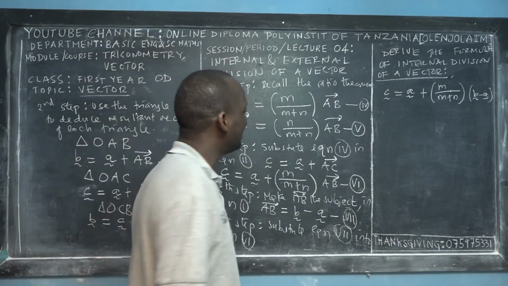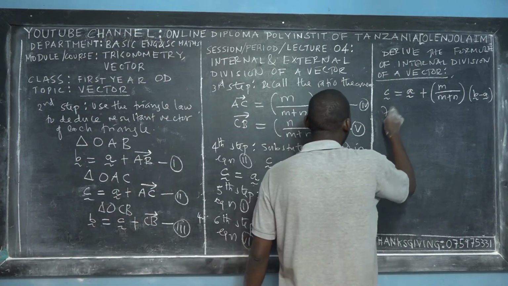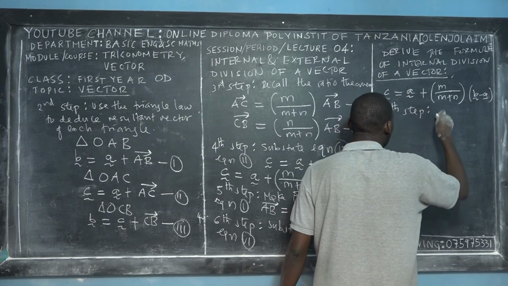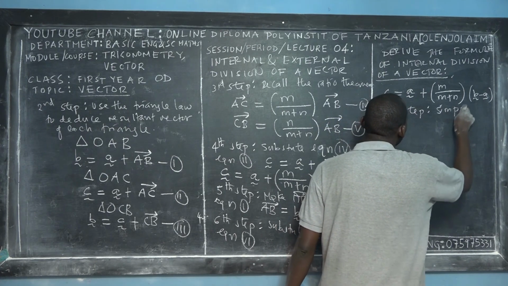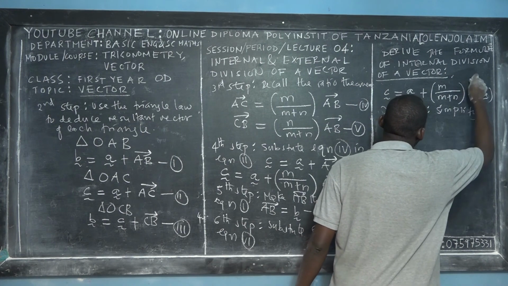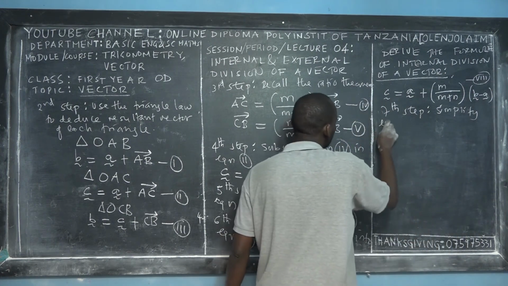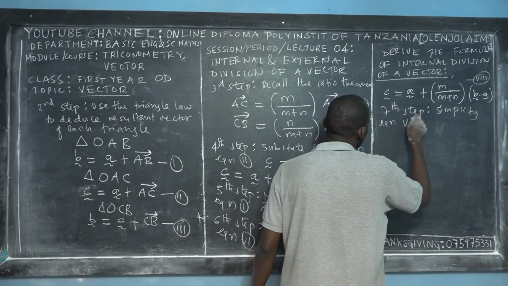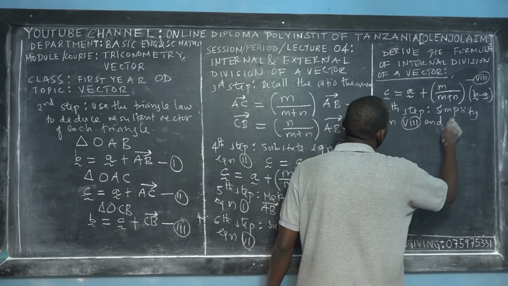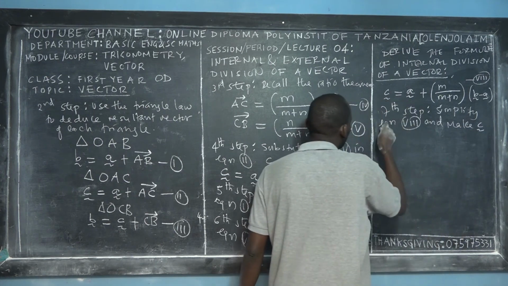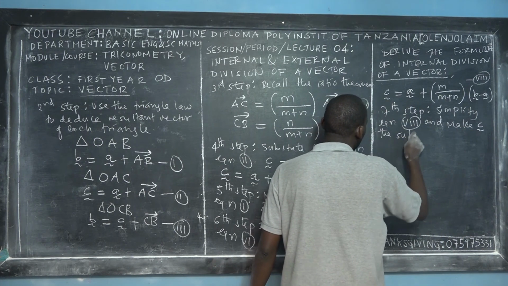We are about to reach the destination. The 7th and last step: we simplify. So this is equation 8. Simplify equation 8, and then let us make vector C the subject.